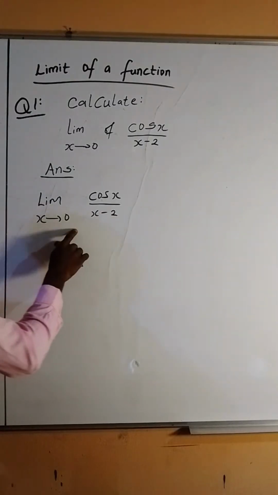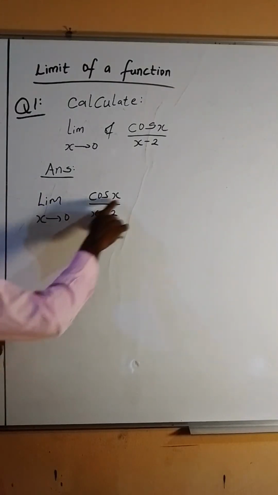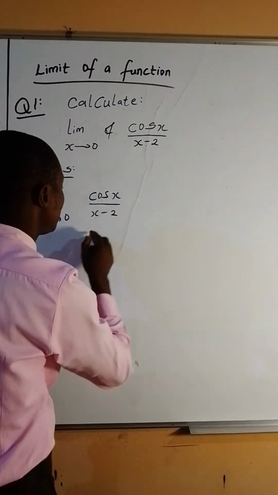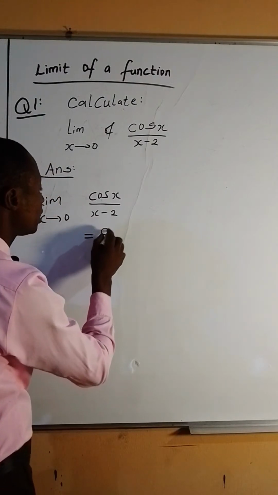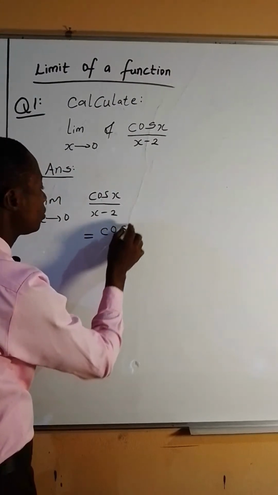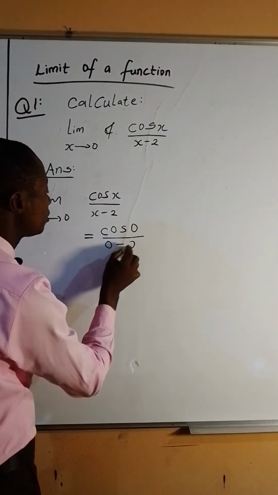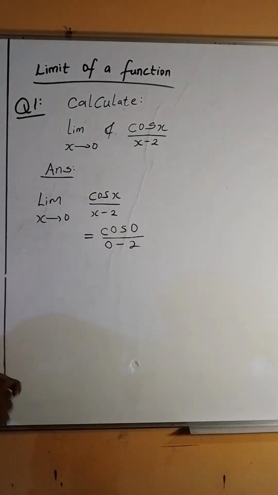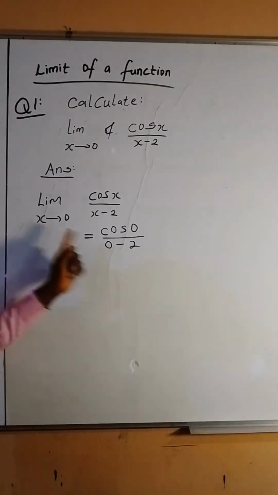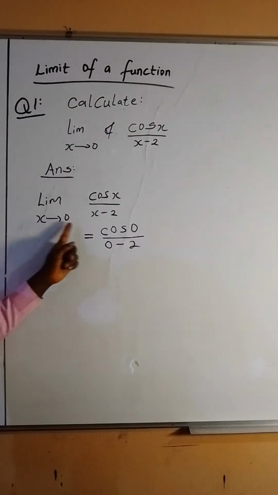So as x approaches 0, substitute here, we are now going to have the cosine of 0 divided by 0 minus 2. This is what we are going to get. We are simply going to substitute for x here.